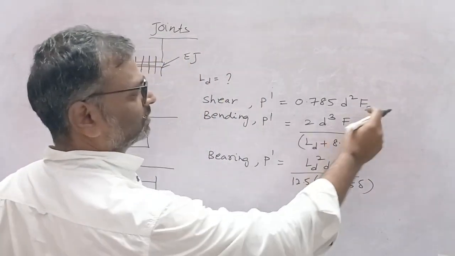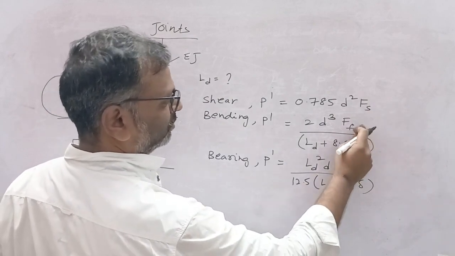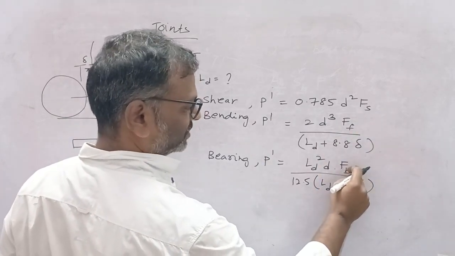So we have the allowable shear stress of steel, the allowable flexural stress, that is bending stress of steel, and the allowable bearing stress in concrete.